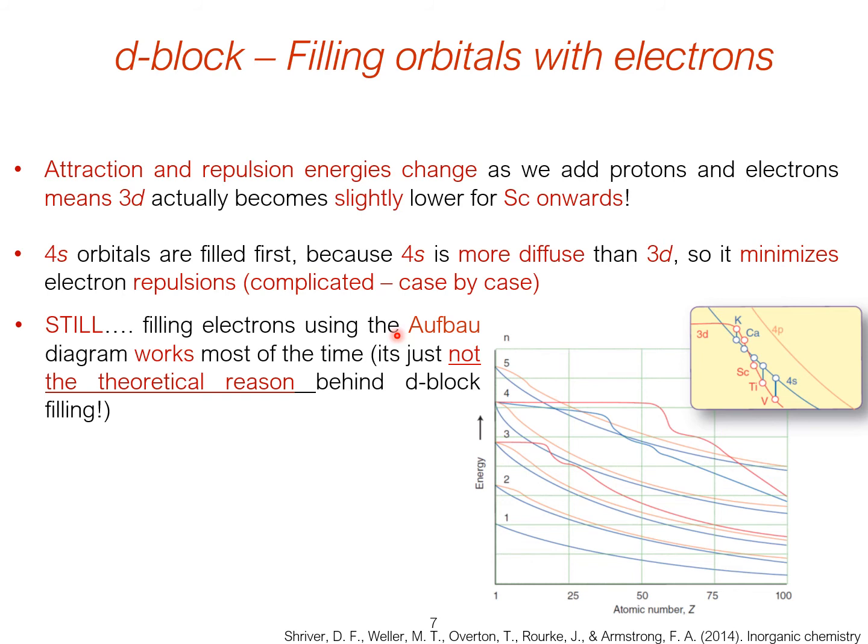What more diffuse means is just larger and spread across a larger area. So it minimizes the electron-electron repulsions by the pair of electrons in the 4s orbital. Still, it's good to know that with the exception of chromium and copper, like I said, filling electrons using the Aufbau principle still works. It's just not the theoretical reasoning behind it.